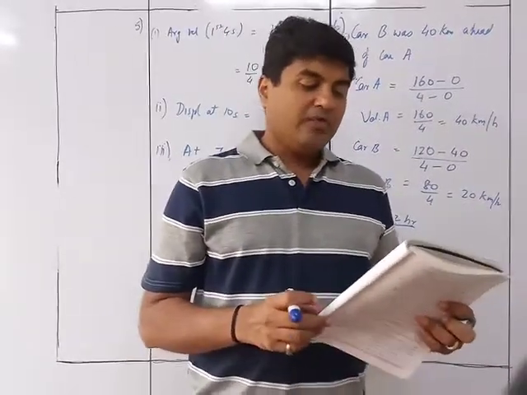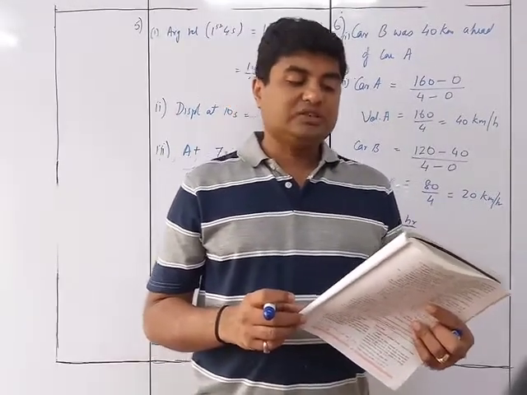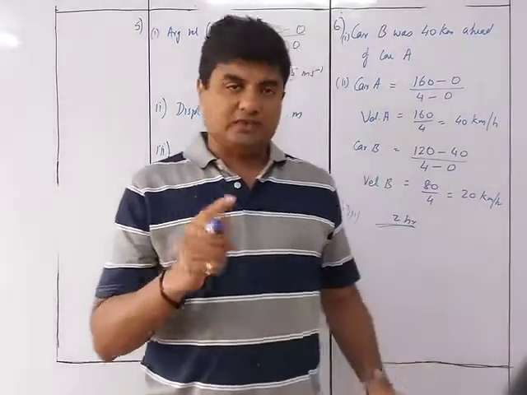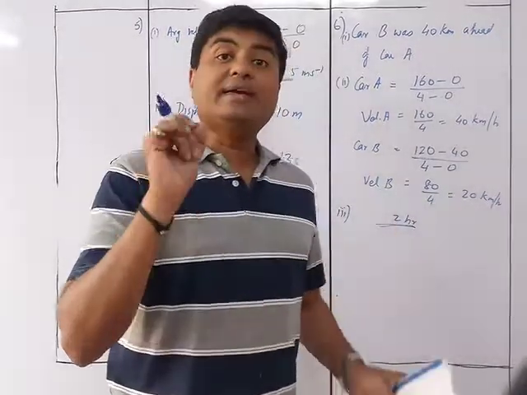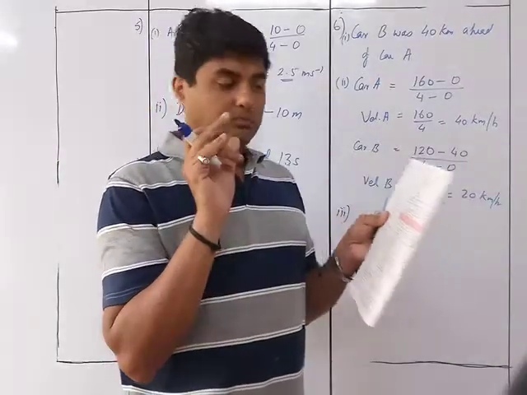Finally, the fourth one, the distance from start when car A will catch car B. So at what distance? We found out 2 hours. At what distance did that happen? It happened at 80 kilometers from the start.